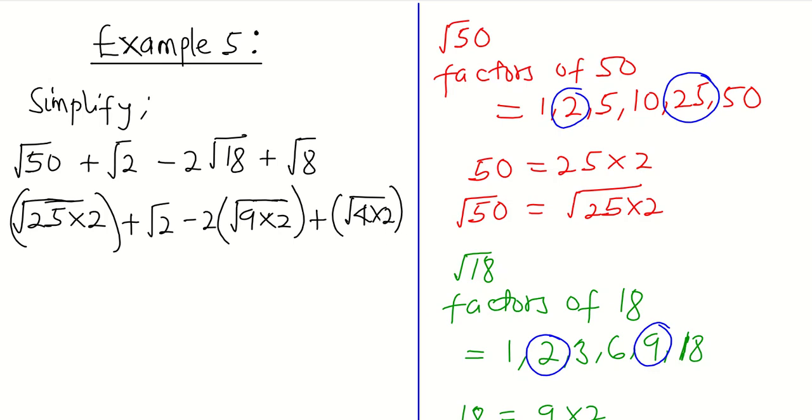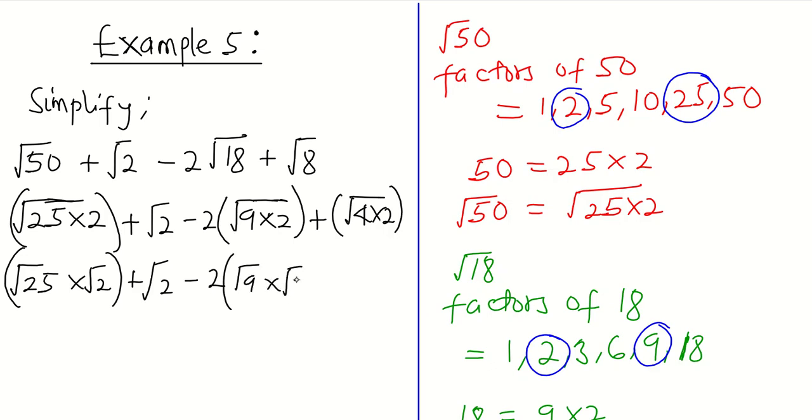Now the square root sign is going to affect each number under the square root sign. So it means you have square root of 25 times square root of 2, plus square root of 2 minus 2 multiplied by square root of 9 times square root of 2, plus square root of 4 times square root of 2.